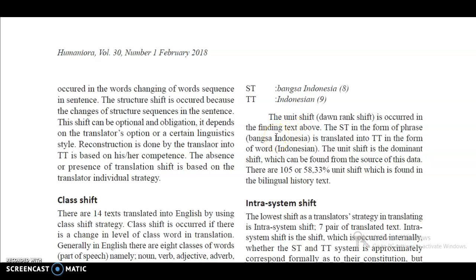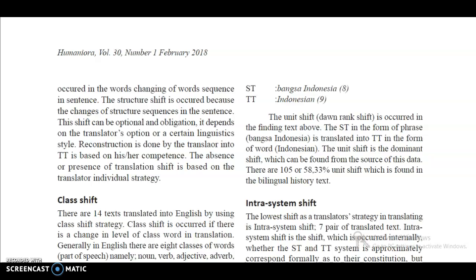The source text is in the form of a phrase. Bangsa Indonesia is a phrase. It is translated into the target text in the form of a word, Indonesian. It means down rank shift from phrase to word. The unit shift is the dominant one.